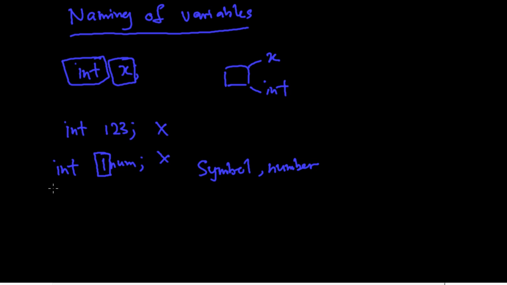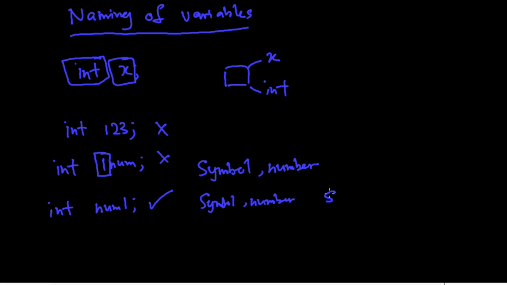Now that's only for the first character of the name. Now let's use int num1. It's correct. It didn't say we can't use any symbols or numbers inside the variable. It just stated that the first thing of the name of the variable cannot be a symbol or number.